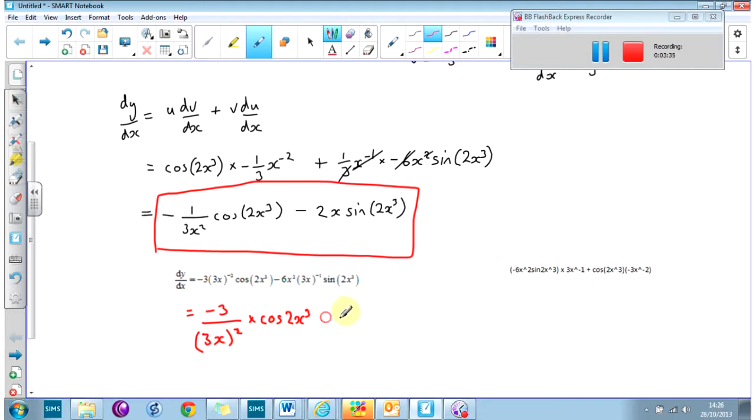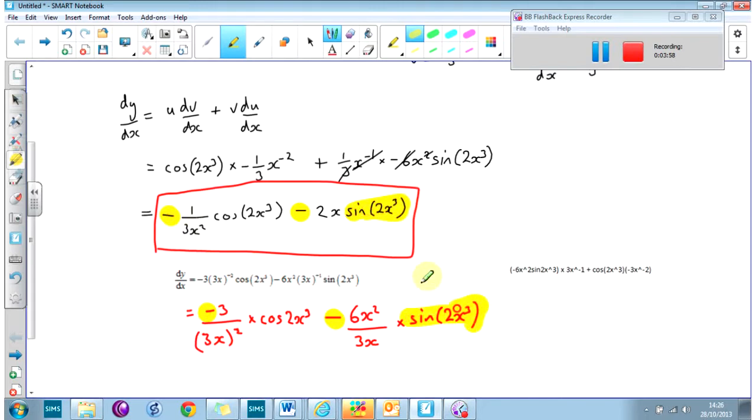And then we've got minus 6x squared, and then over 3x, that's that minus 1 taken care of, times sine of 2x cubed. Right, well, we can see instantly we've got the minuses in the right place, and you can see we've got the sine correct, and we've got the cosine all fine there.